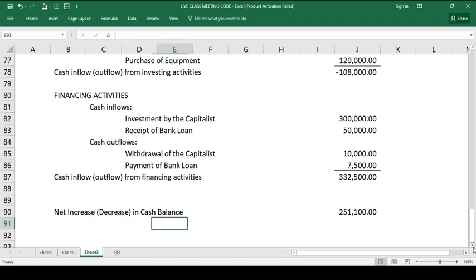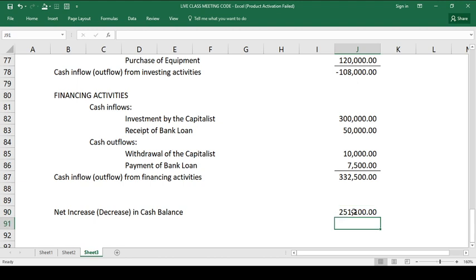Dapat itong net increase or net decrease na nakita natin, pag i-check mo yung balance sheet, okay, or the trial balance, the beginning cash and the ending cash balance, pag i-minus mo yan sa isa't isa, dapat pareho rin yung amount na to. Okay? Pag hindi magpareho, may mali sa statement of cash flows mo.